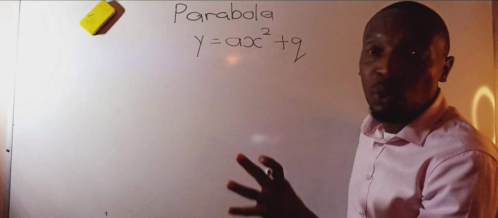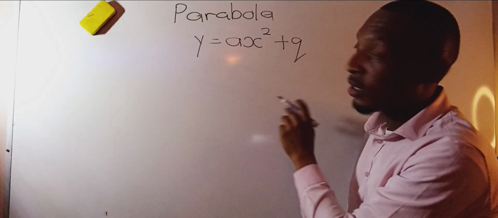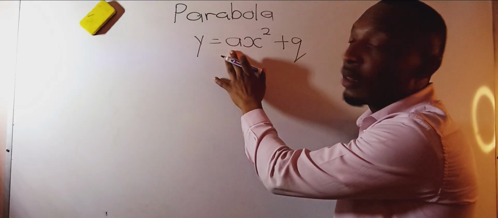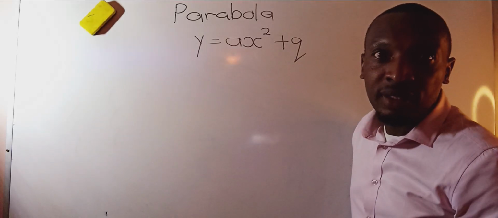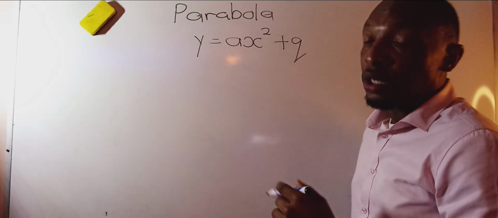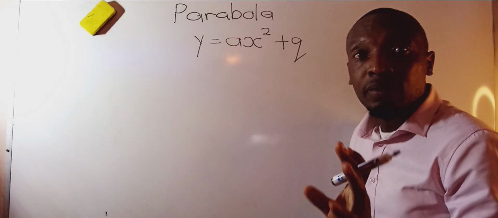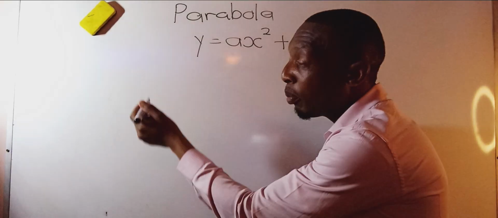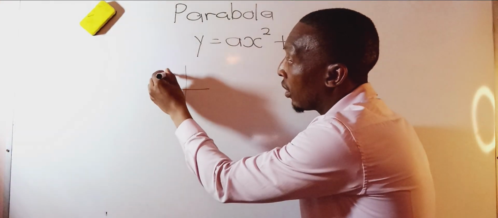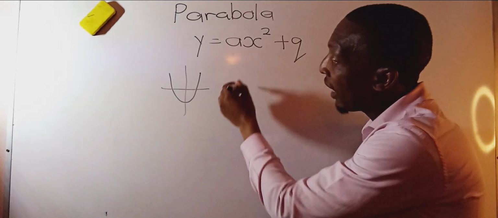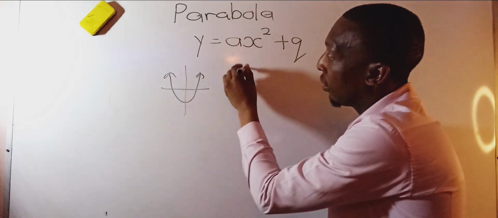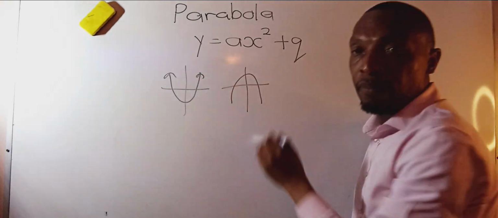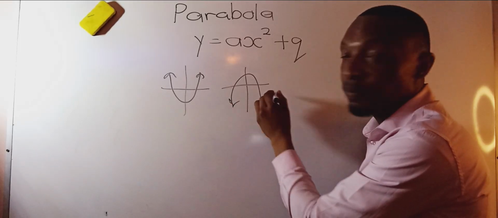The x must be squared, and then there will be a constant, and the x squared will have a coefficient. A parabola, if you sketch it, is going to give you either a happy face or a sad face.